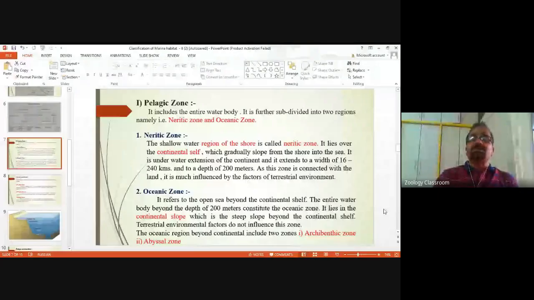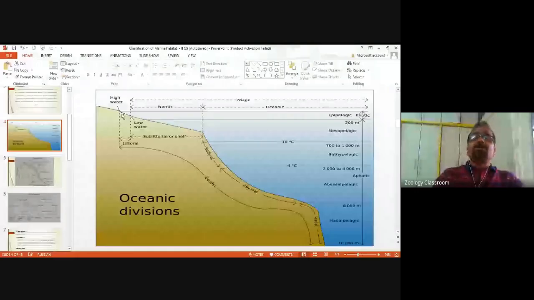The continental shelf is the underwater extension of the continent, and it extends up to a width of 16 to 40 kilometers and up to a depth of 200 meters. This is the shoreline, and whatever landform or part of the continent lies below the water.